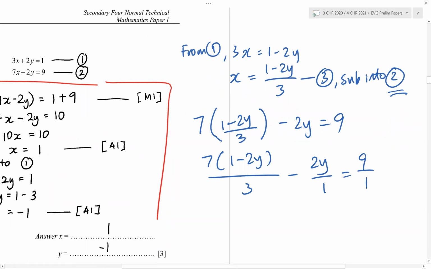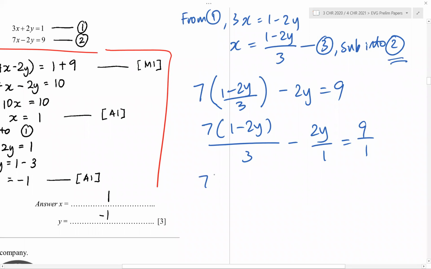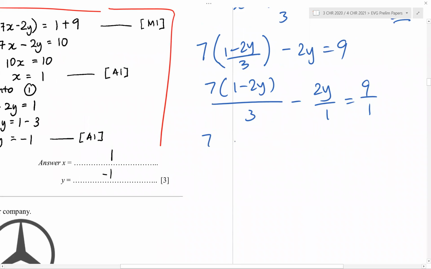I'm just changing all into fractions because later you combine. Okay, so far? 7 minus 14y, I'm now expanding already, over 3 minus 6y over 3 equals 9 over 1.